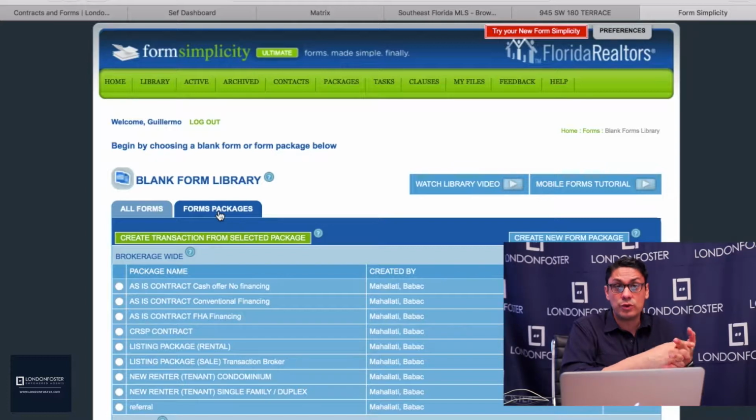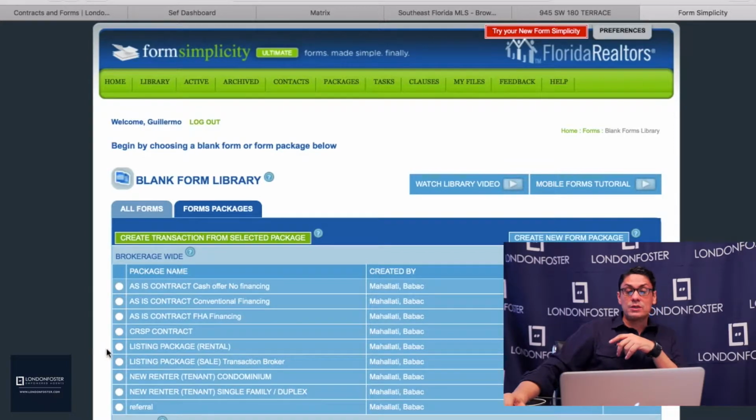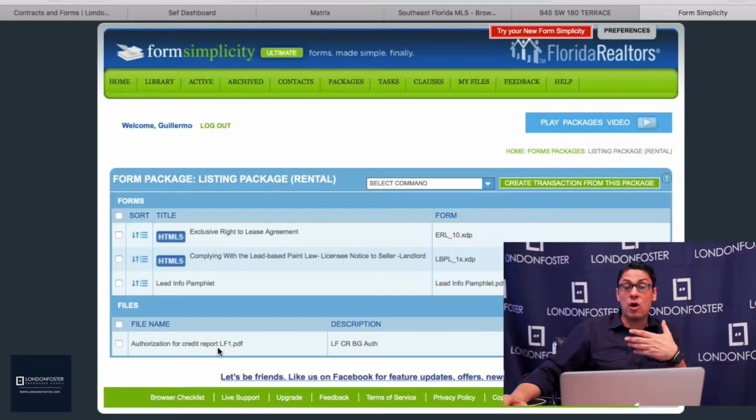So for instance, since we're doing the listing agreement for a rental, we're going to scroll down and we're going to see here where it says listing package for a rental. If you were to click on this, it'll show you which packages are included.